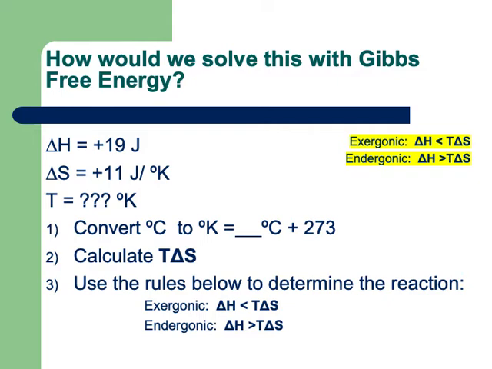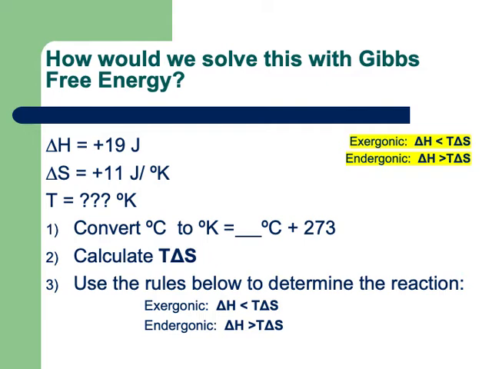So our first rule is actually true. In this case, the reaction would be exergonic, okay? Because 19 joules is less than 3,223 joules that we calculated for temperature times entropy. So in this case, our rule indicates that this reaction is exergonic.